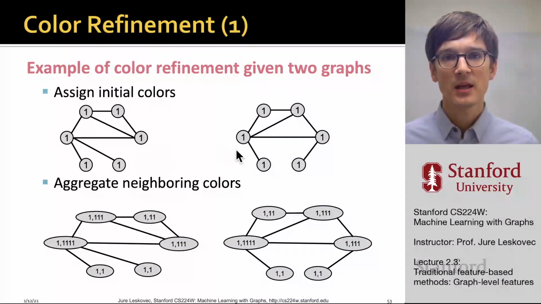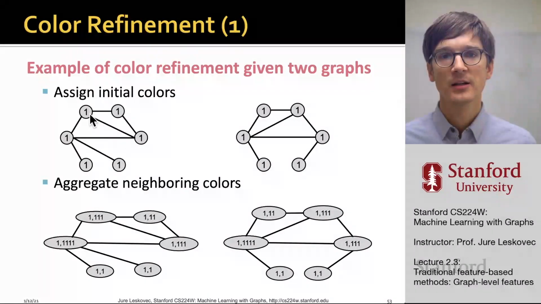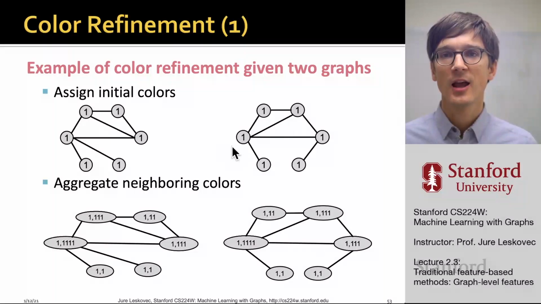So for example, here I have two graphs that have very similar structure but are just slightly different. The difference is this edge, the diagonal edge, the triangle-closing edge, is different. So first we are going to assign initial colors to nodes. Every node gets the same color, a color of 1.